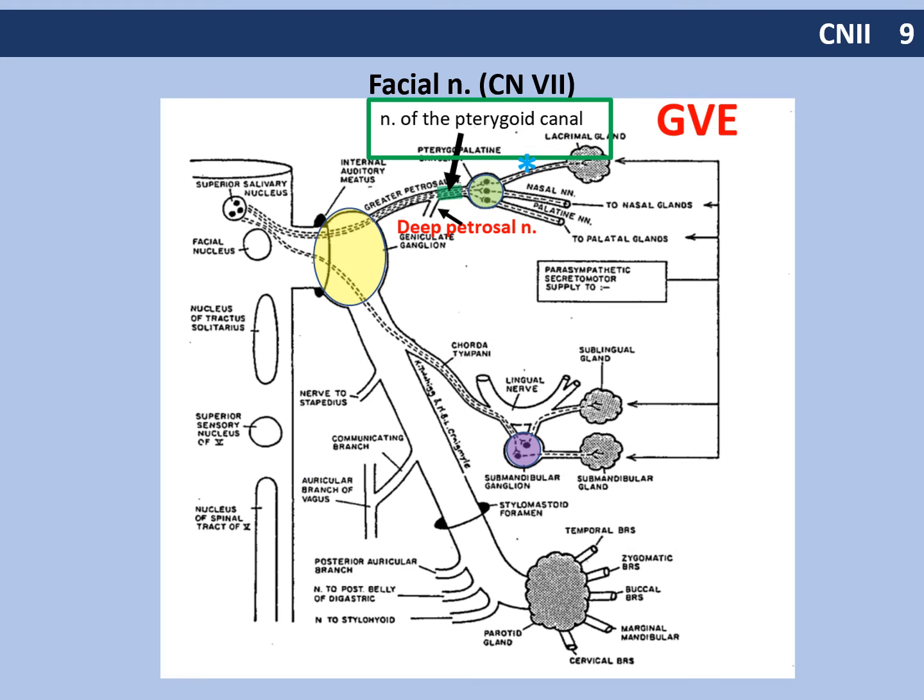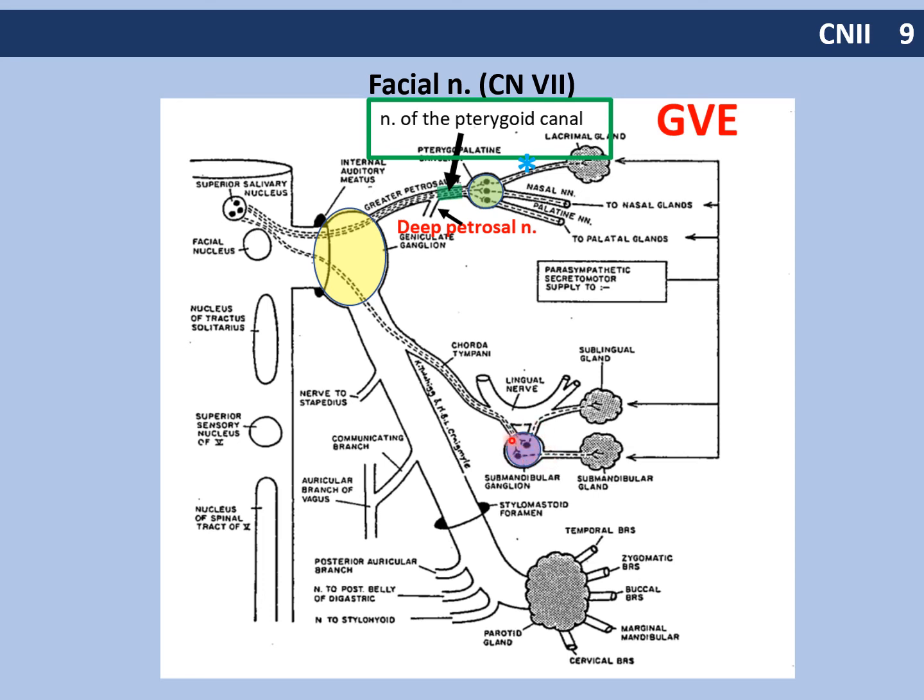Now, the innervation of the submandibular gland and the sublingual glands is, again, parasympathetic. Parasympathetic preganglionic fibers that originate with the facial nerve make their way through the infratemporal fossa via the chorda tympani, and then the chorda tympani joins the lingual nerve as those preganglionic fibers enter into the submandibular ganglion, where they synapse.